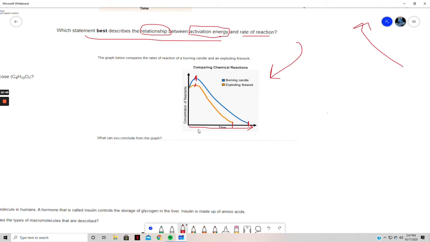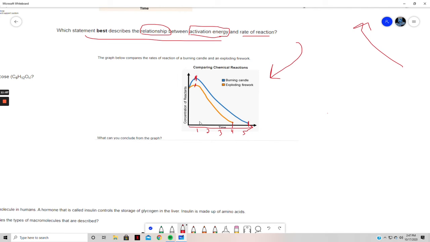If we did this in seconds, maybe say this is 1 second, and 2 seconds, and 3 seconds, and 4 seconds, and 5 seconds, then the exploding firework would happen in 4 seconds as opposed to the candle in 5 seconds, which probably isn't accurate. A candle would take longer than that. But you can see that the firework would happen quicker.